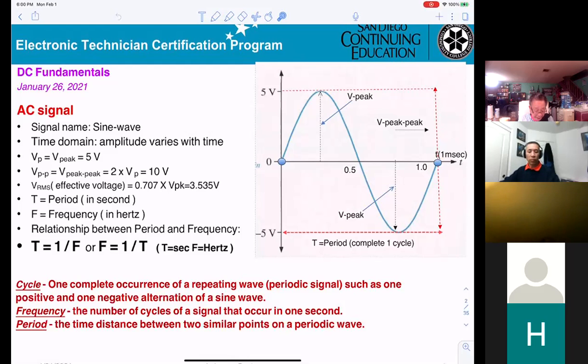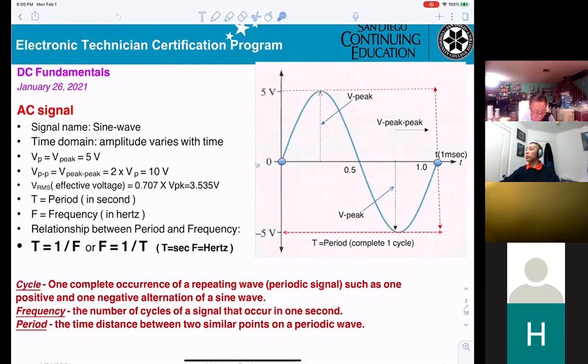And also we get another definition for the period. Period, which they call T, is one complete cycle. From here it goes up, goes down, goes up again. So that will be one period. And you also get the frequency.